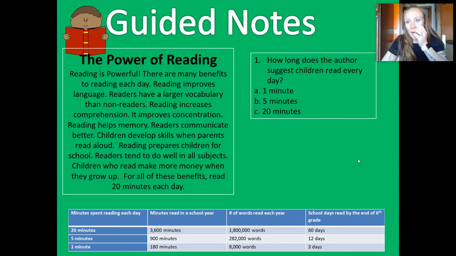Your first direction right now is to read for a second time on your own. You'll have 30 seconds. I'll let you know when you get down to 10. Go. 10 seconds.